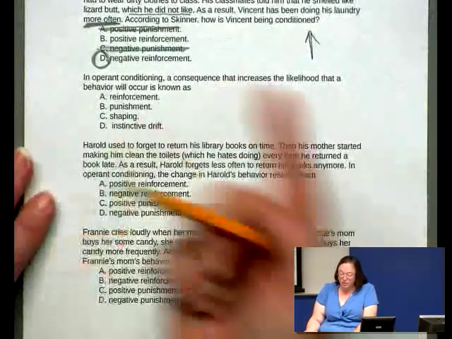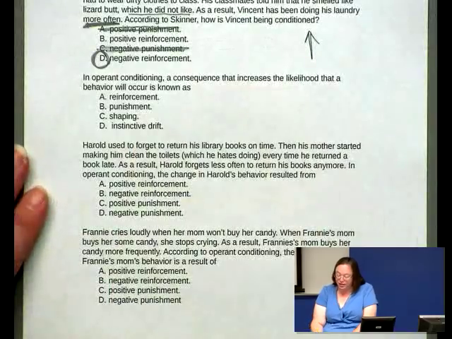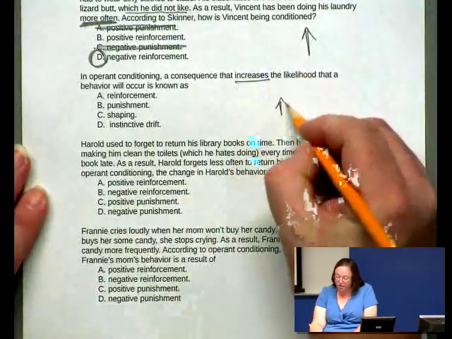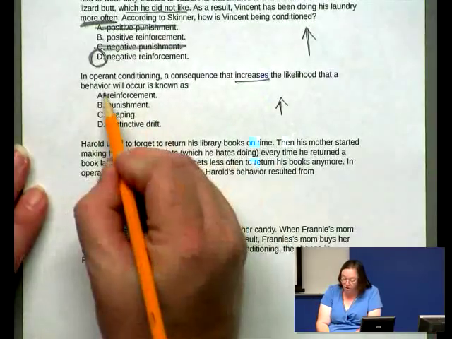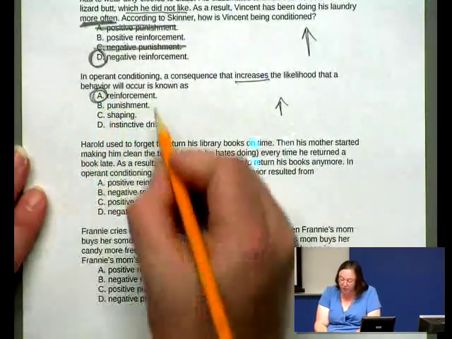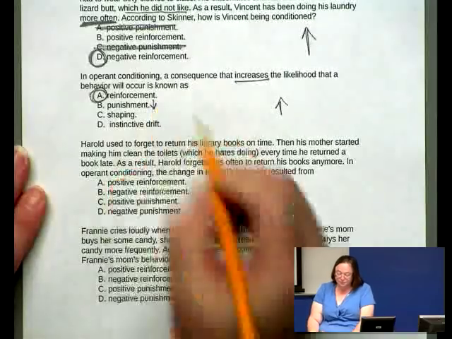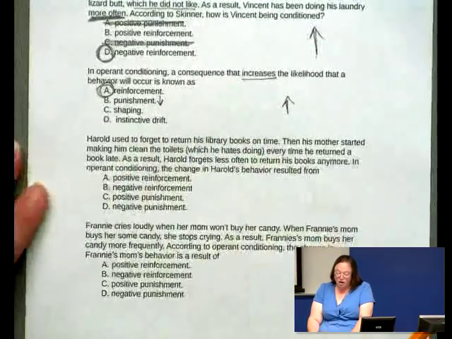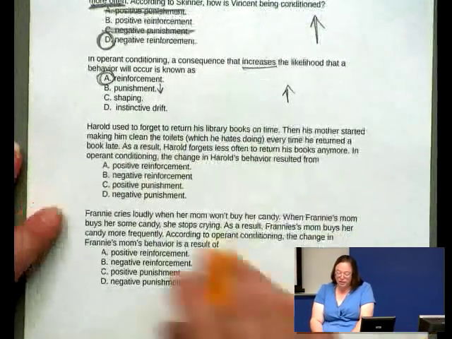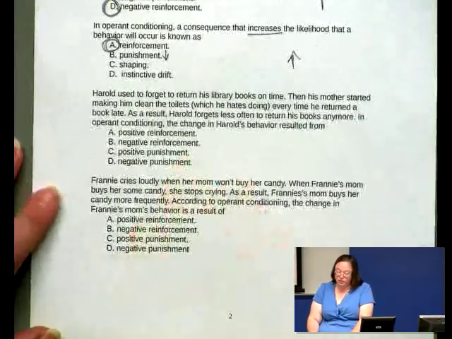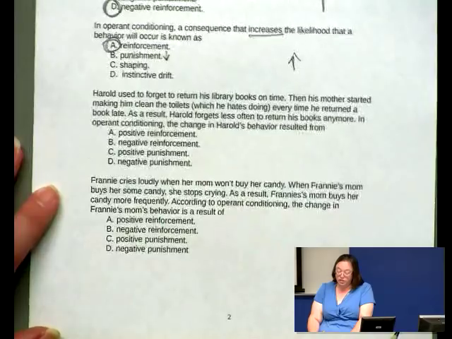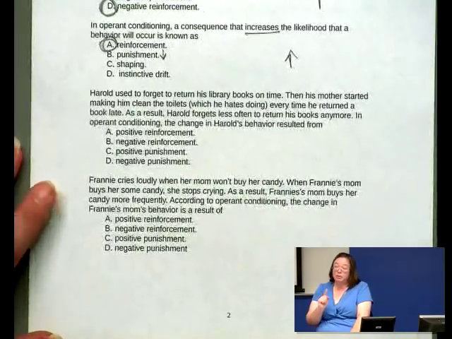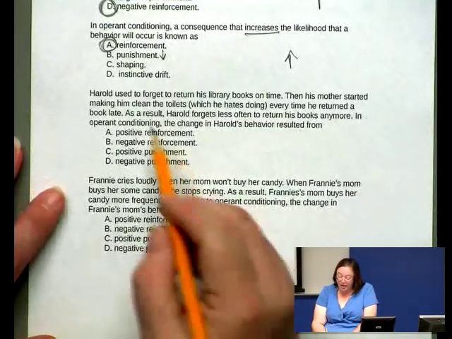Okay, well, here we go. In operant conditioning, a consequence that increases the likelihood of a behavior increases. Always a reinforcement. Punishment always decreases. Harold here used to forget to return his library books on time. Then his mother started making him clean the toilets, which he hates doing, every time he returns a book late.